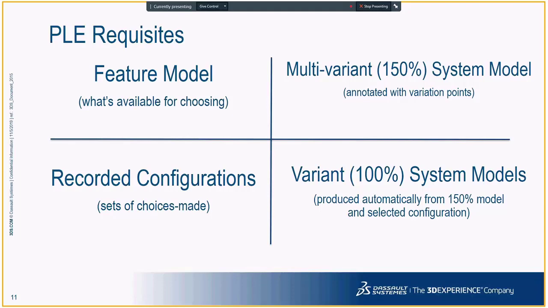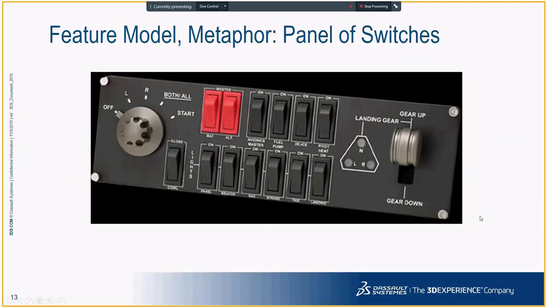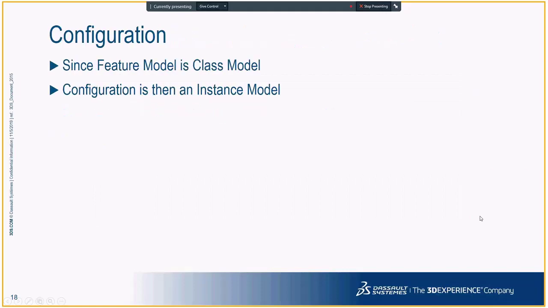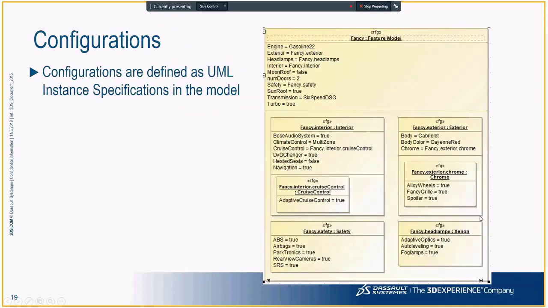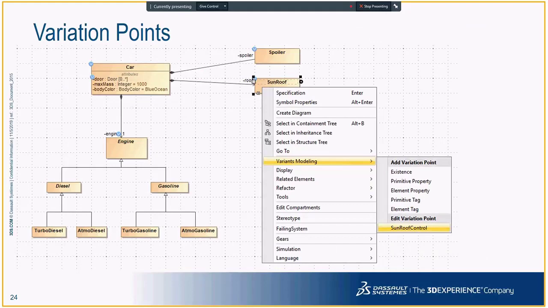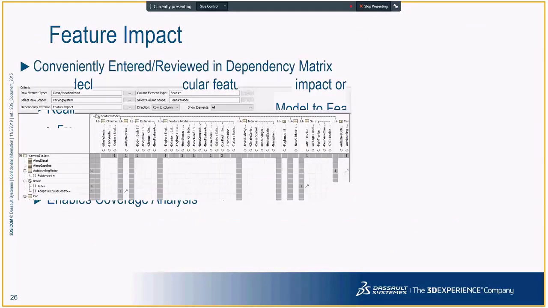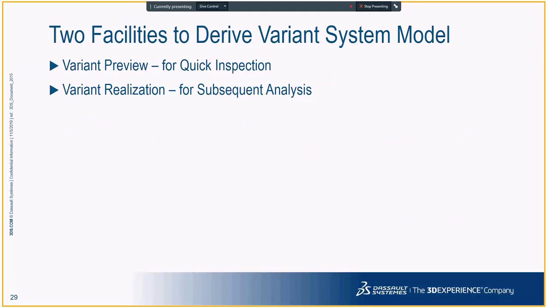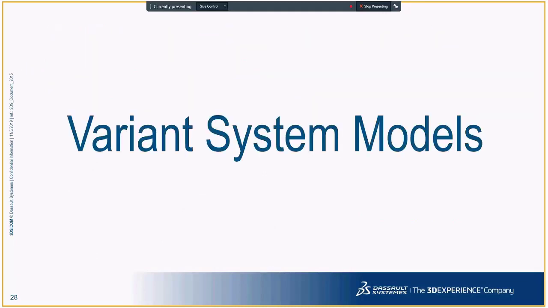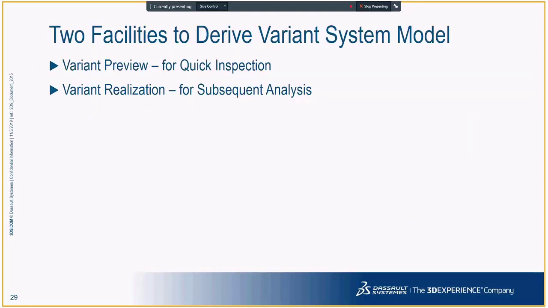So this is a payoff phase. The production of variant system models is a payoff out of this tedious and laborious work of describing your variants, annotating variation points, making feature models, making configurations and so on.